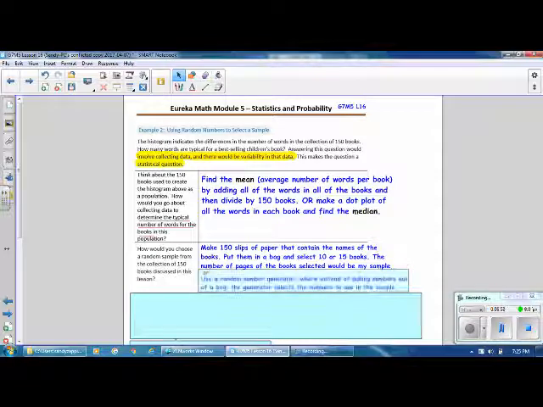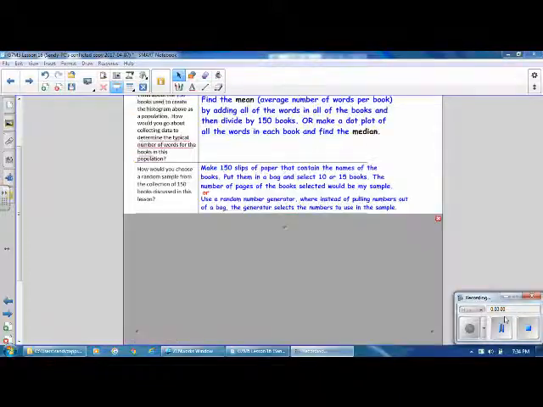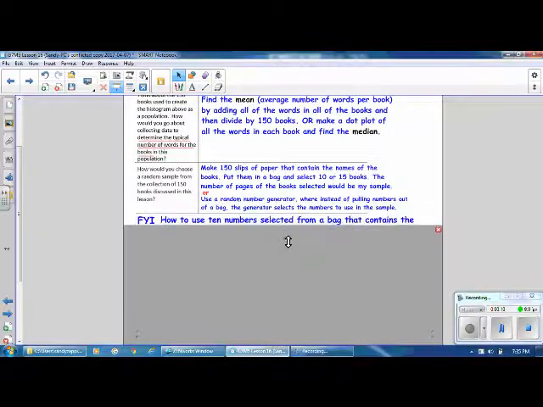Or you could use a random number generator, where instead of pulling numbers out of a bag, the generator selects the numbers to use for the sample. Remember that the purpose of this lesson is to select a set of random data using random numbers. So let's go over how to do that.